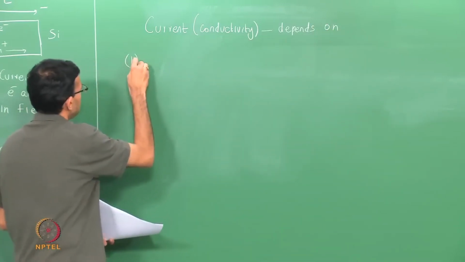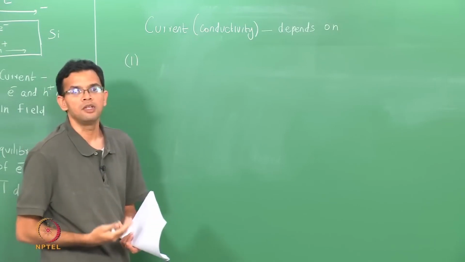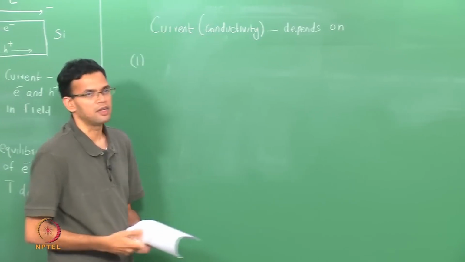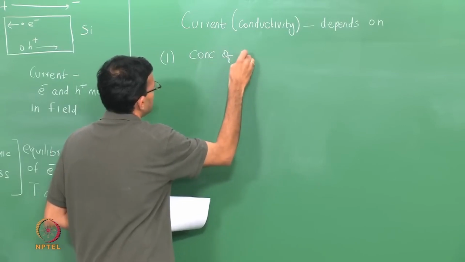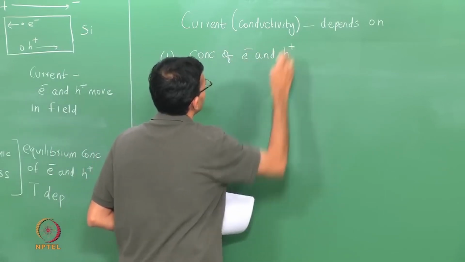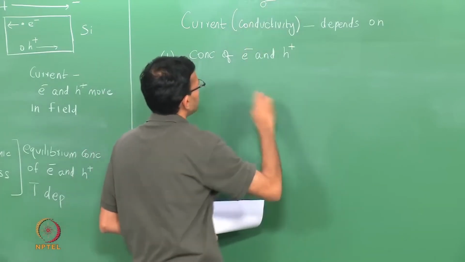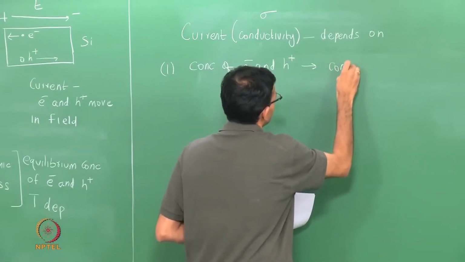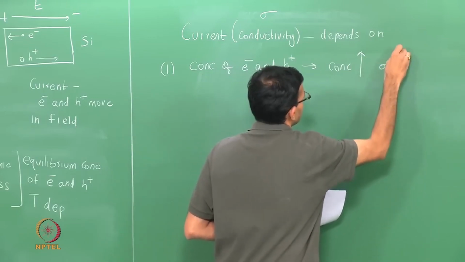The first one is the concentration of electrons and holes that are available. So, the more electrons and holes there are, the higher the conductivity. We can denote conductivity by the symbol sigma, and as concentration increases, sigma will also increase.